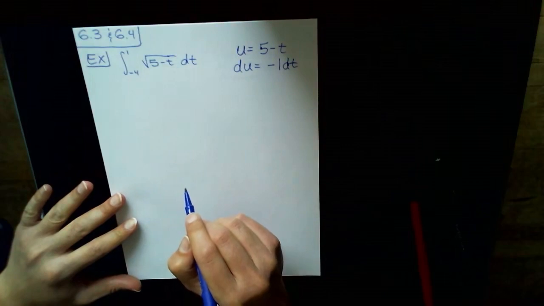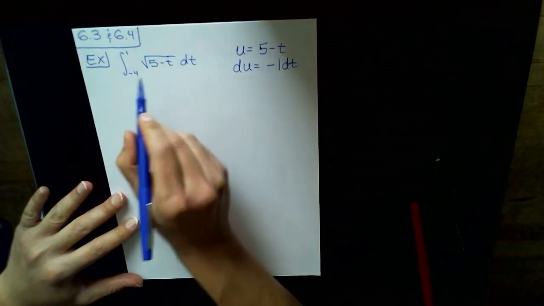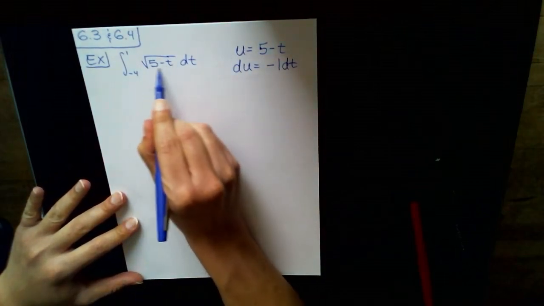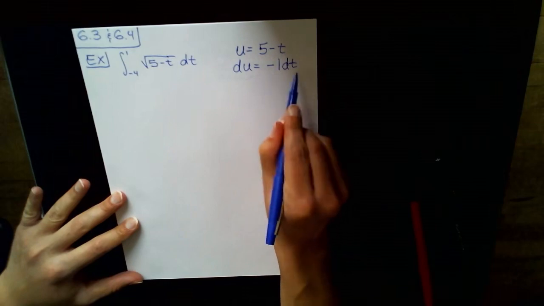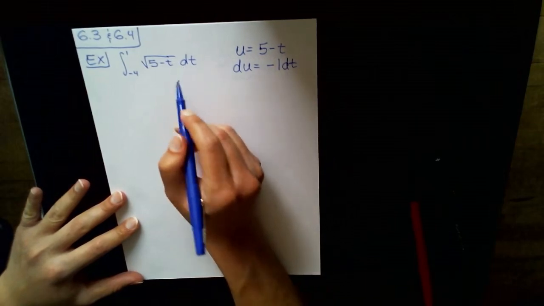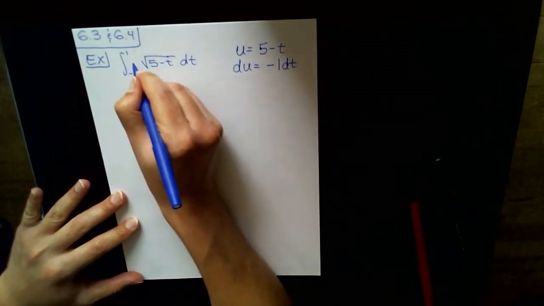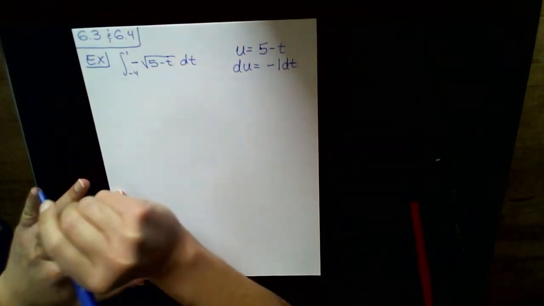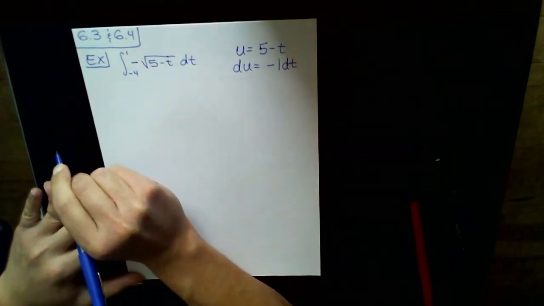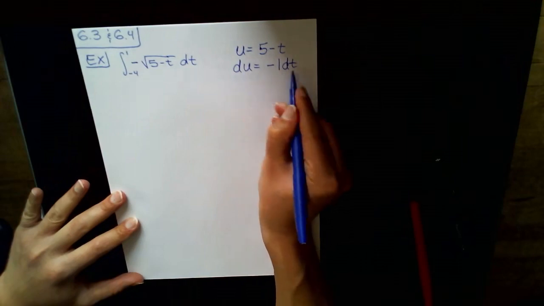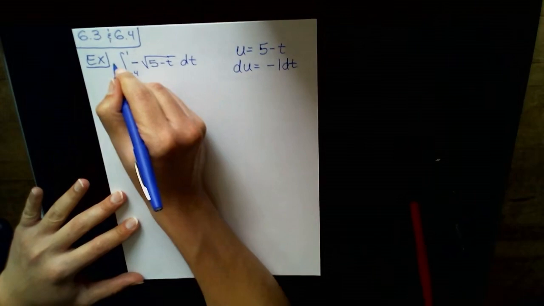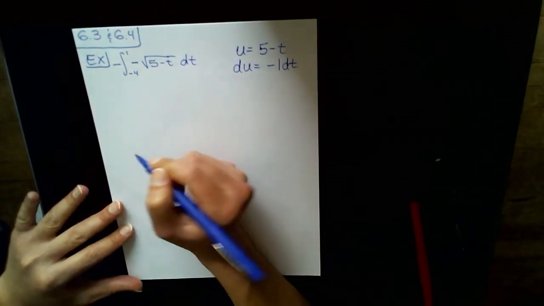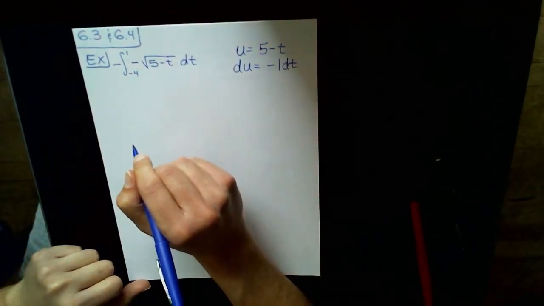So plugging these values in, notice we do have our u value, but we don't have a negative dt, that is, we only have dt. So to get that negative, we need to multiply the inside of our integral by a negative, which will give us negative dt for du, but doing so means we also have to multiply the outside by a negative.